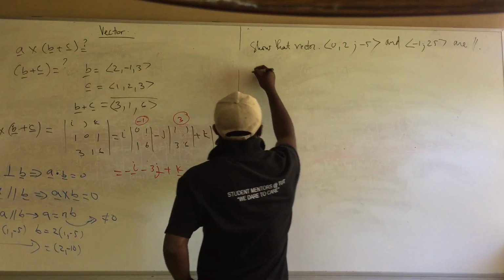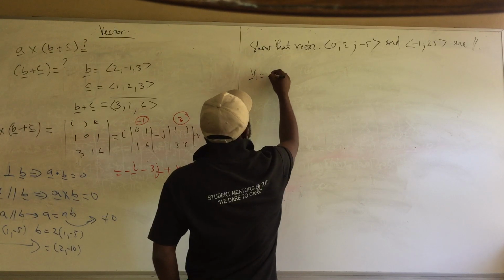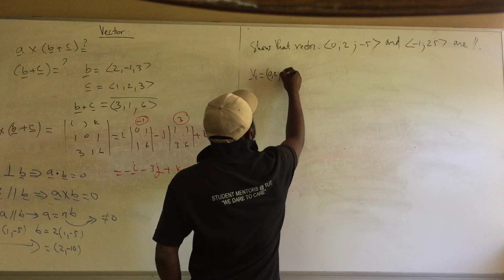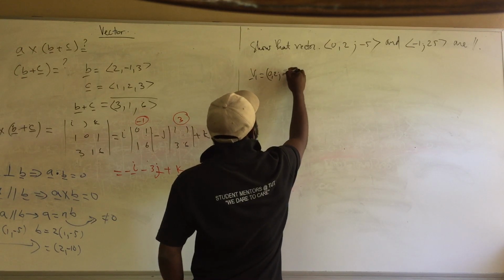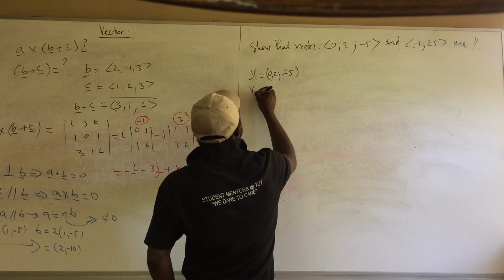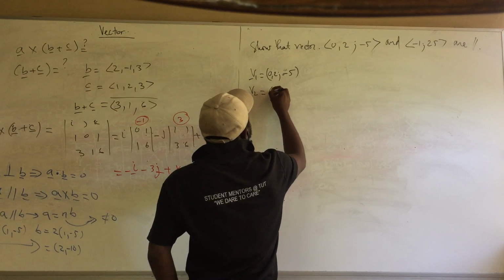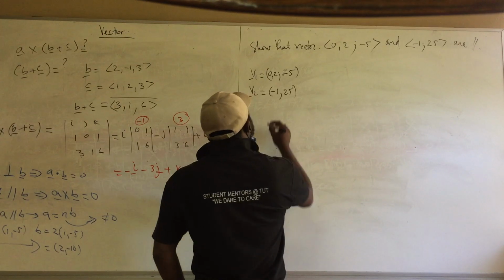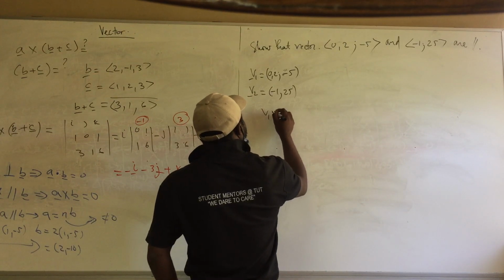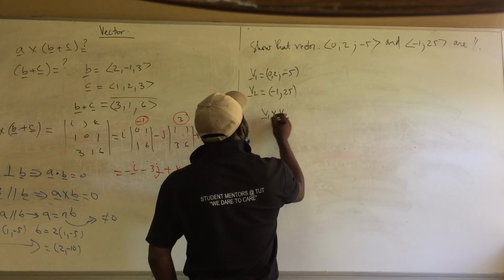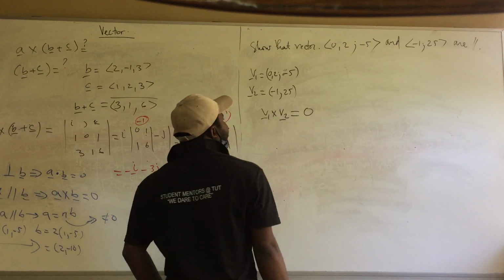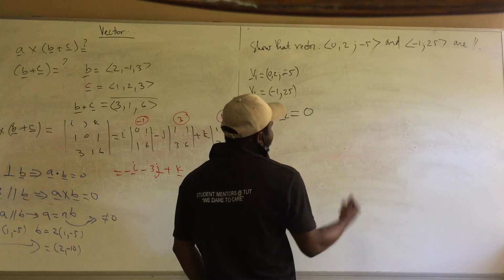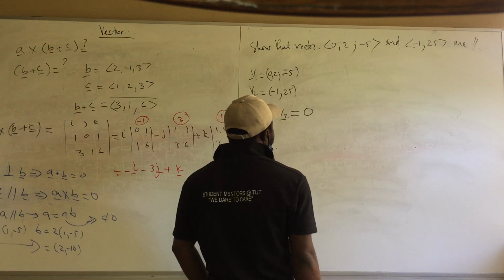So let's call this one vector 1, v1. It's 0, 2 and minus 5, right? And vector 2 is minus 1 and 25. So v1 cross v2. If these two are equal to 0, we can claim that these vectors are parallels.